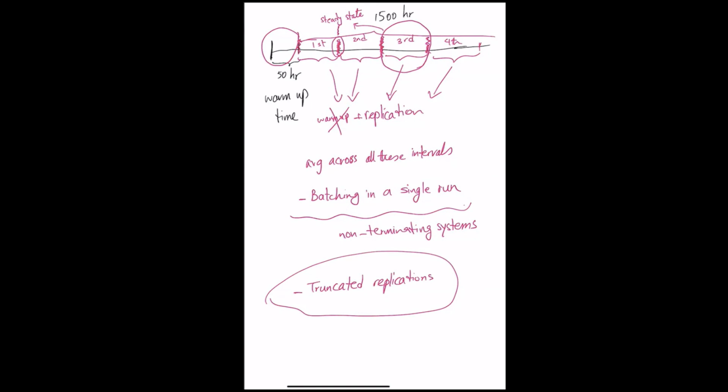We can just get rid of the warm-up period once and run the simulation for a longer time, and then the simulation itself will divide this longer time into smaller intervals. We call them batch intervals, and then report the average across each one of these intervals. We have no control over the size of these batches or size of these intervals.